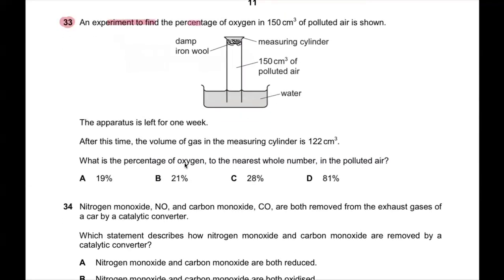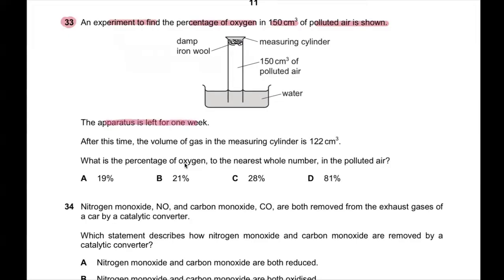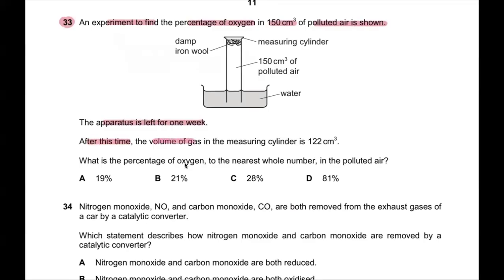Now, MCQ number 33. An experiment to find the percentage of oxygen in 150 cm³ of polluted air is shown. The apparatus is left for 1 week. After this time, the volume of gas in the measuring cylinder is 122 cm³. What is the percentage of oxygen to the nearest whole number in the polluted air?